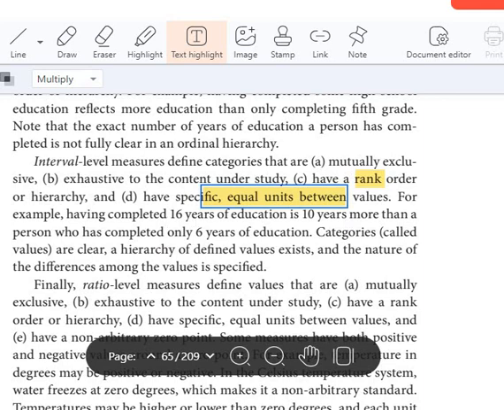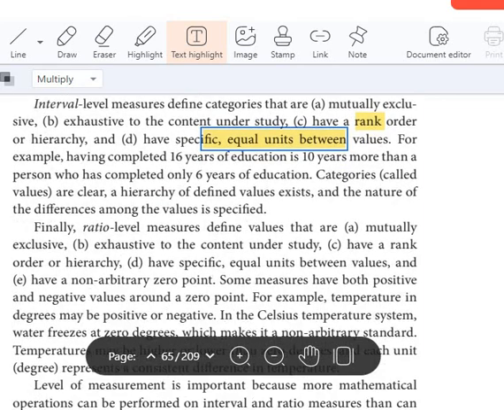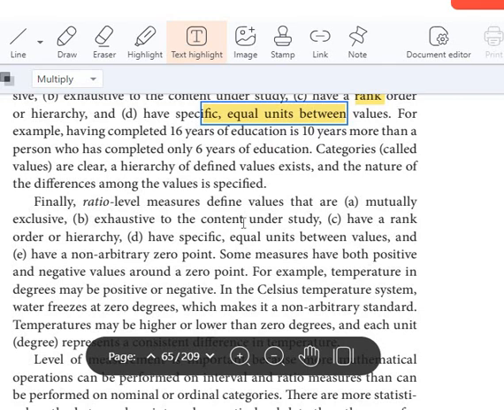Okay, as for the last one, which is the ratio level measures, they define values that are mutually exclusive as the first one, exhaustive to the content under study as the second and the third, and have a rank, order, or hierarchy like the third and the second, and have specific equal units between values, as with the ranking, that there is a use of units.